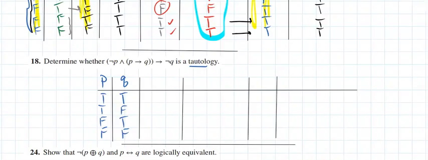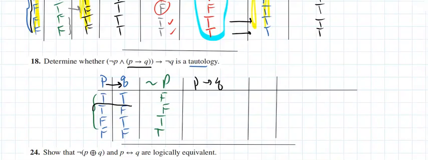Well, if I go for the negation of P, if I go for P implies Q, so the only issue is right there. If this is true, then that's false. If these are false, this is automatically true. Both of these are true, there it is.